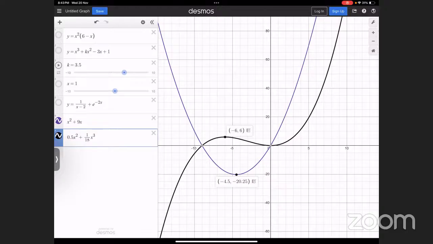High and low is represented by who? The x or the y? Y. Always the y. You call minus 6,6 a maximum value because of the 6, not because of the minus 6, meaning because of the y, not because of the x. Same thing with the other guy. Make sense so far?